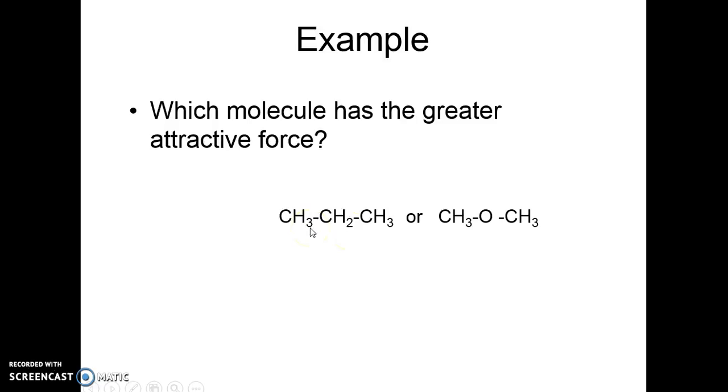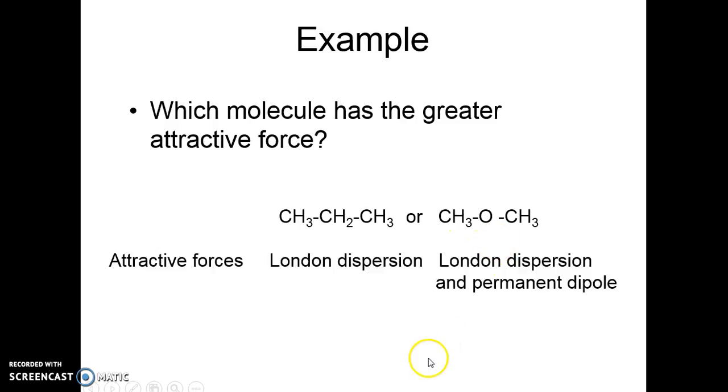Remember, when it's all carbon-hydrogen, it's nonpolar. So nonpolar, polar, this has dipole-dipole forces on top of the London dispersion forces. This is called dimethyl ether, and that's called propane. The dimethyl ether has a greater attractive force.